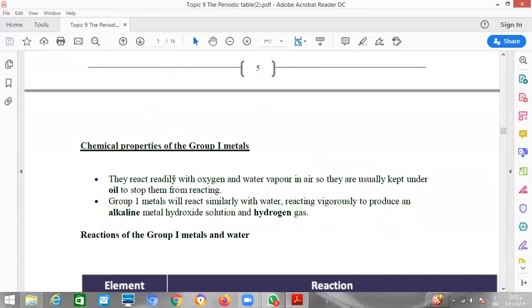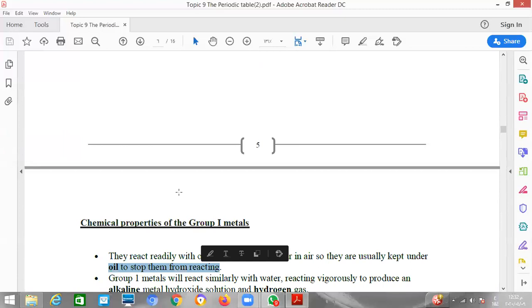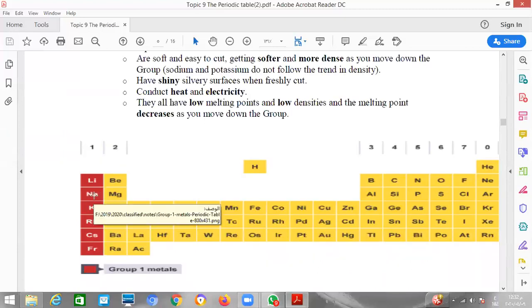They react readily with oxygen and water vapor in air, so they are usually kept under oil to stop them from reacting. If you have seen sodium before, you will find it under kerosene. We cannot put sodium in air because sodium is a very reactive metal.